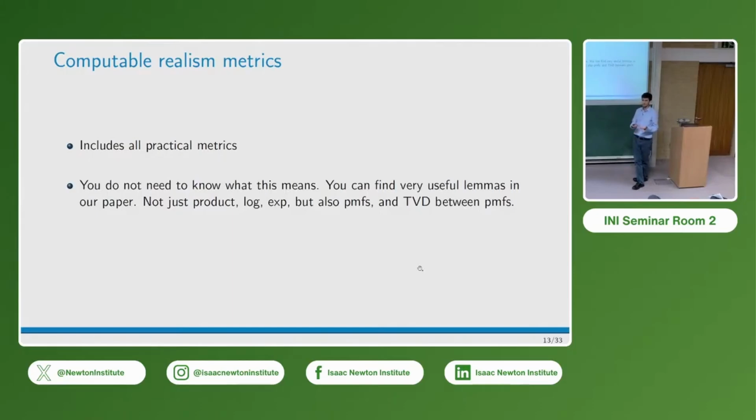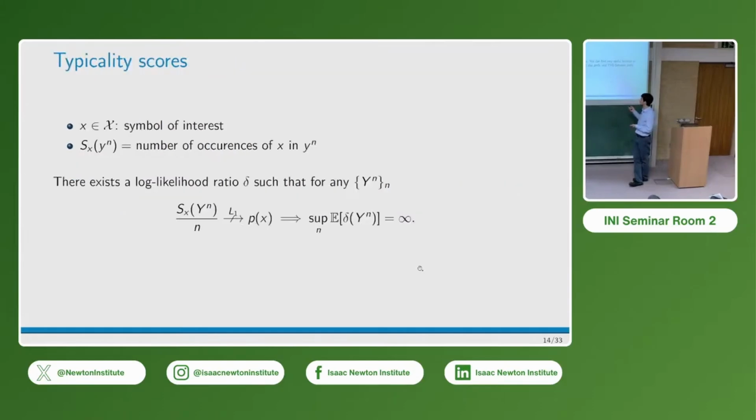You don't even need to know what it means. You just apply some lemmas, so you shouldn't be scared of this notion. And what is nice is that it includes anything that's going to be implemented in practice. In general, it's going to be computable. So what you can do with log-likelihood ratios is pretty much anything you can think of.